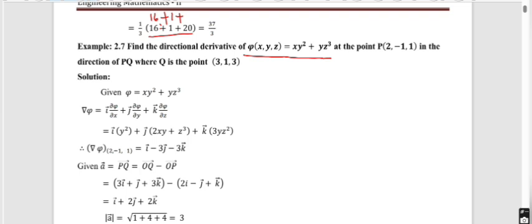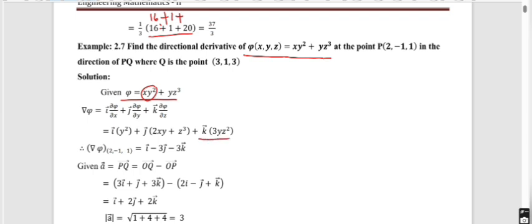From this phi, dou phi by dou x is y², so y² i vector. Then dou phi by dou y is 2xy plus z³, 2xy plus z³ j vector. Dou phi by dou z: here there is no z in the first term, so differentiating with respect to z we have 0. The second term is 3yz², 3yz² into k vector.